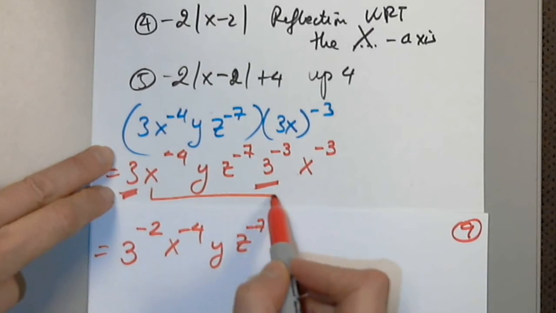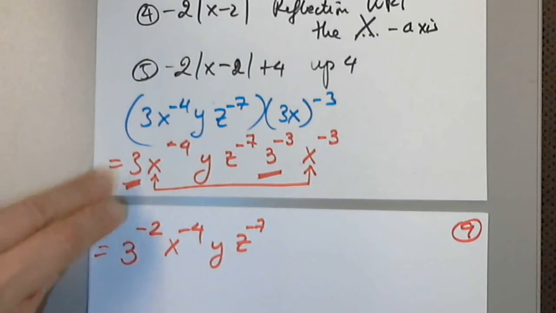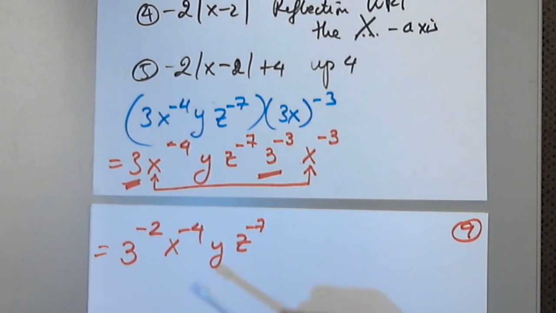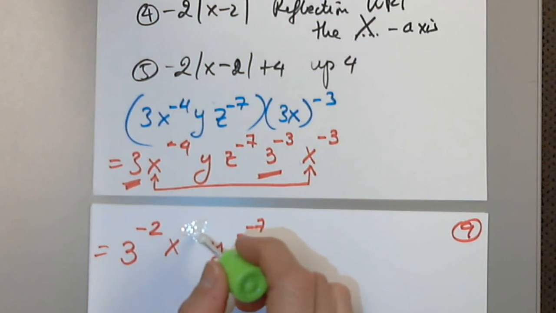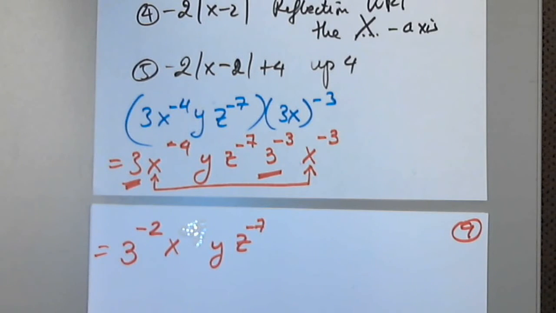Now I have to do the same thing to these two. Copy the base. What happens to the exponents? That's it. So that's negative 7.